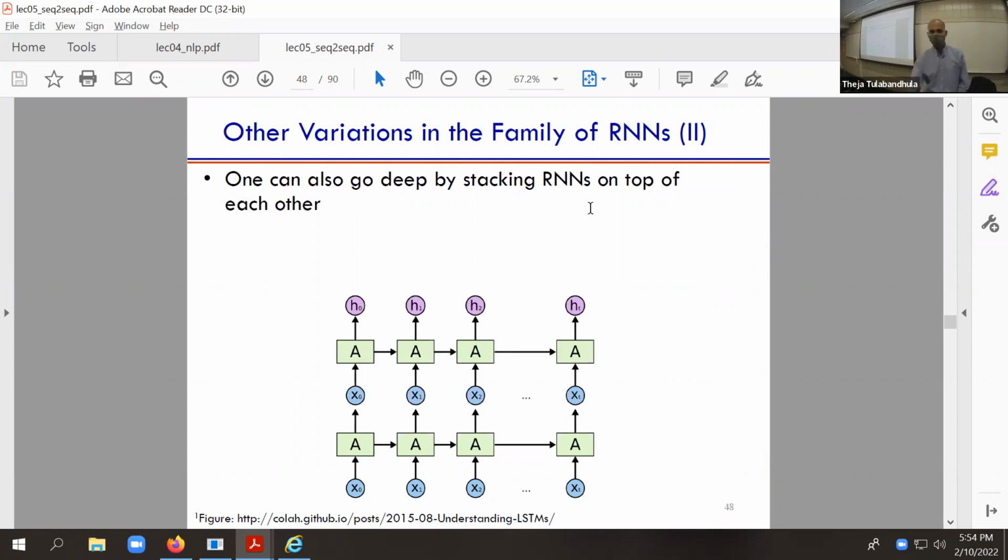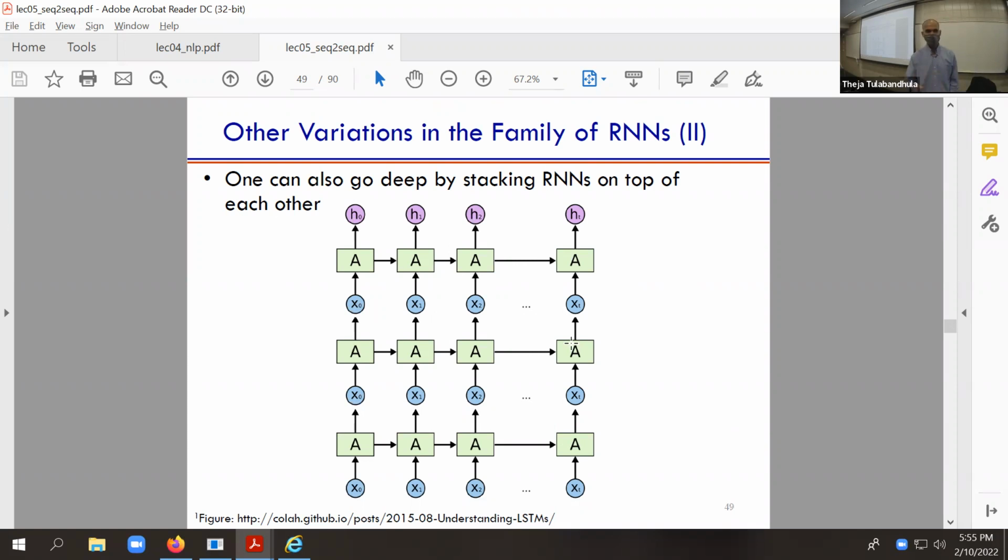The output at the first level of the RNN sequence, the HTs, are then redefined to be the XTs for the next layer or next block of the RNN module. So this is just stacking. This increases the richness with which data flows while trying to make a prediction. People have done all sorts of stacking like this.